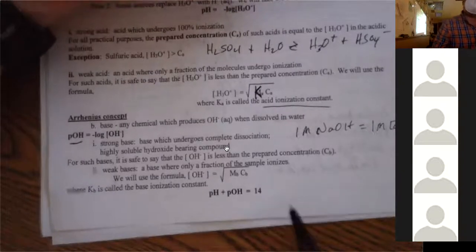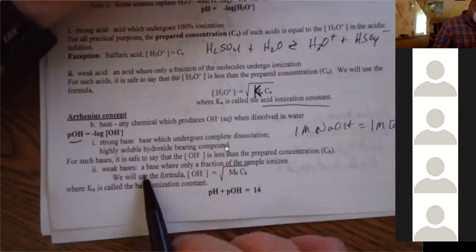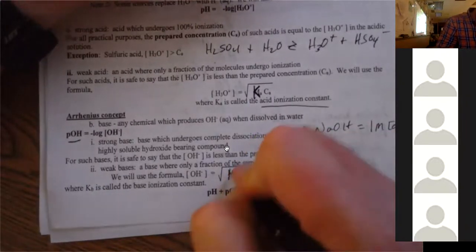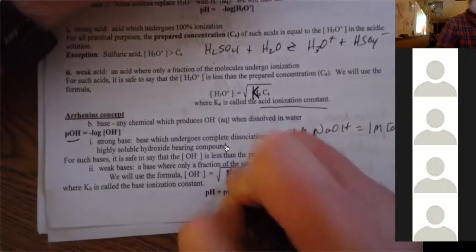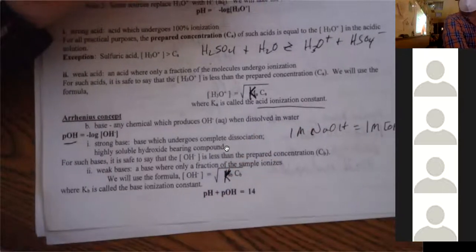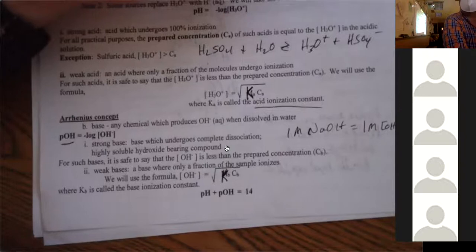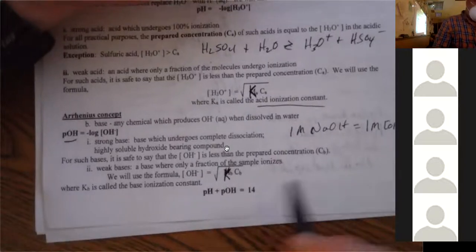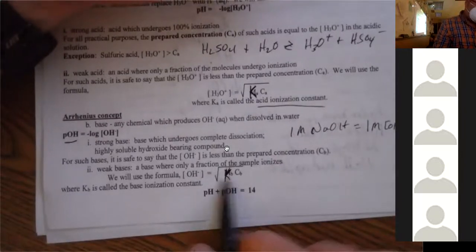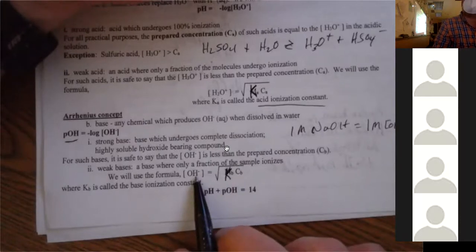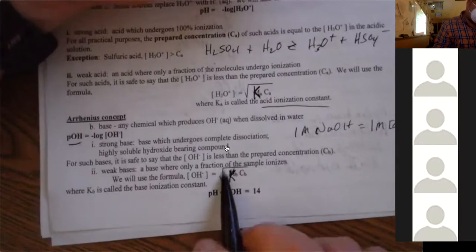Now, if it is a weak base, again, you have what's called the base ionization constant, Kb. So if we want to find the hydroxide ion concentration with a weak base, we take the square root of the Kb times the concentration of the base.